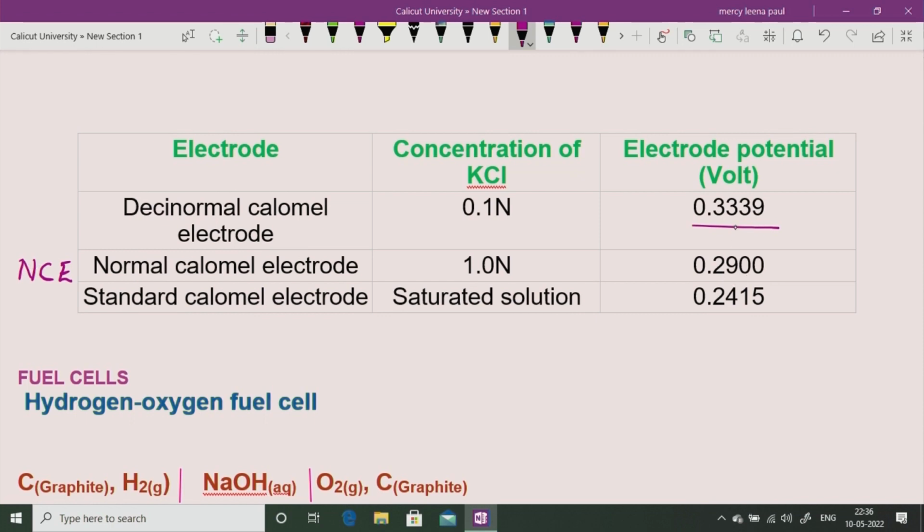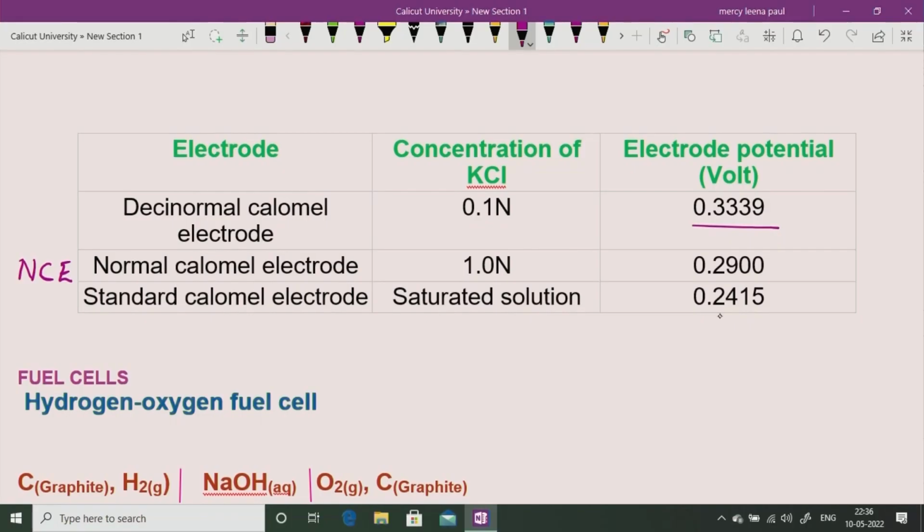So, when the concentration is altered, its potential changes. You can also do it the other way. You take a saturated solution of potassium chloride, and again its potential changes. It becomes 0.2415 volts. So, depending on the concentration of potassium chloride, these values are fixed, and they are supposed to be at a temperature of 298 Kelvin.